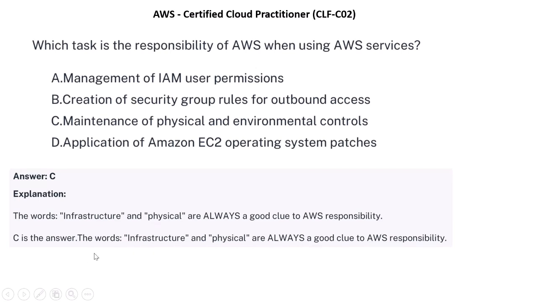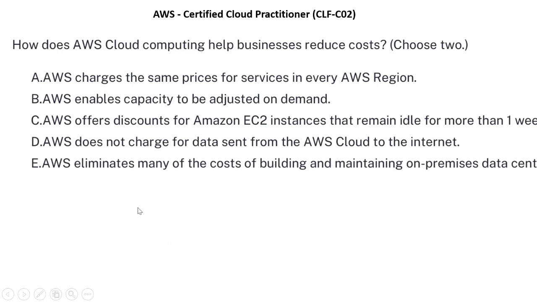Next question. How does AWS cloud computing help businesses reduce costs? Choose two options. Option A, AWS charges the same prices for services in every AWS region. Option B, AWS enables capacity to be adjusted on demand.